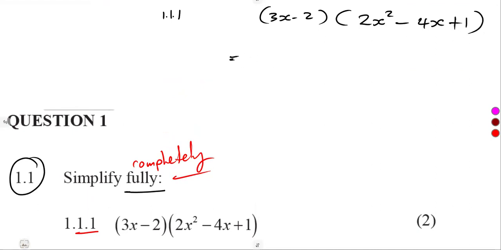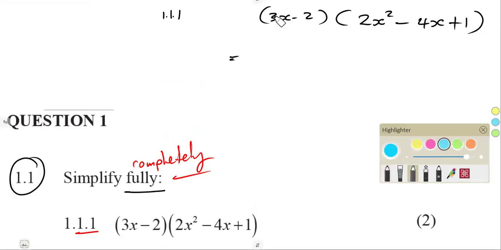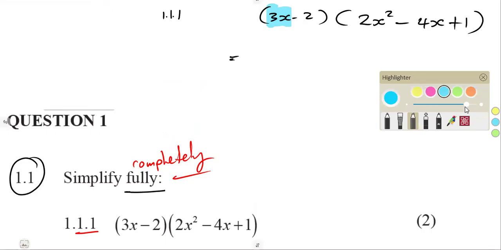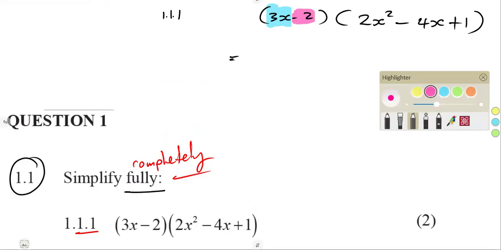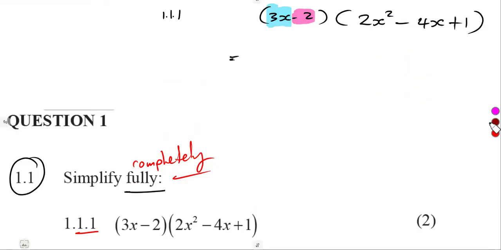So by distributing, we work from the first bracket. The 3x is going to expand the second bracket. Then the minus 2 is going to expand also the second bracket. That is the idea that you work with, all right?